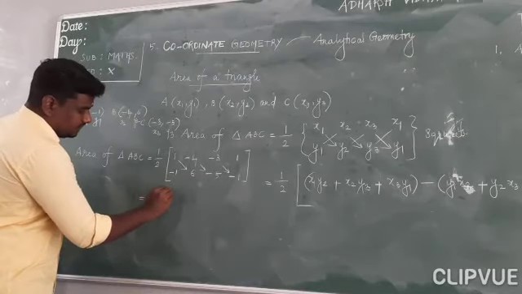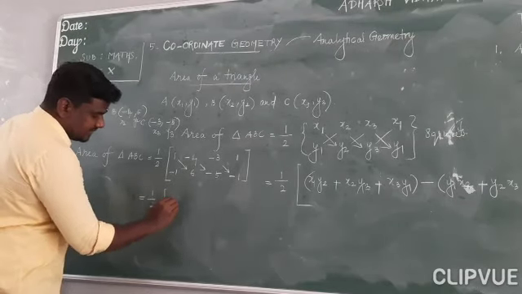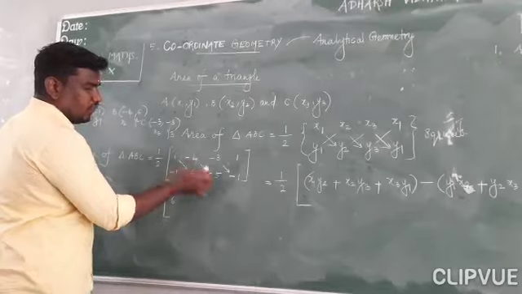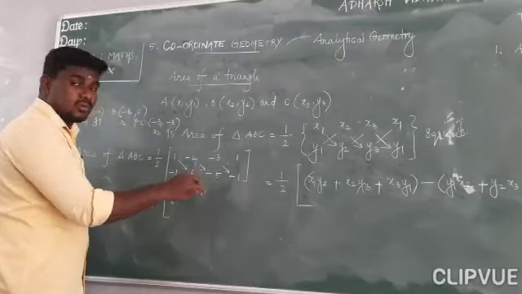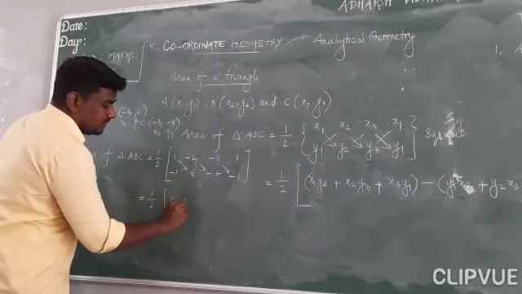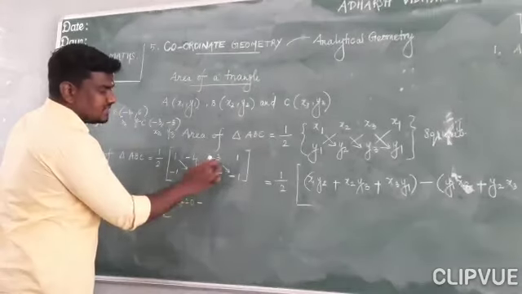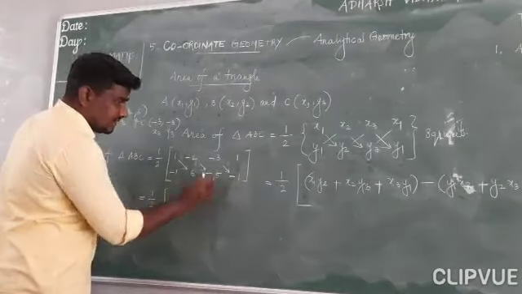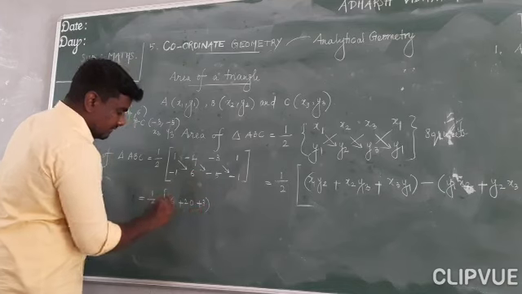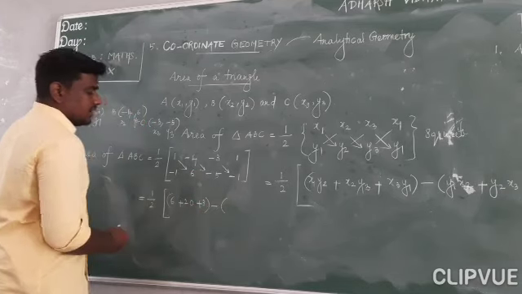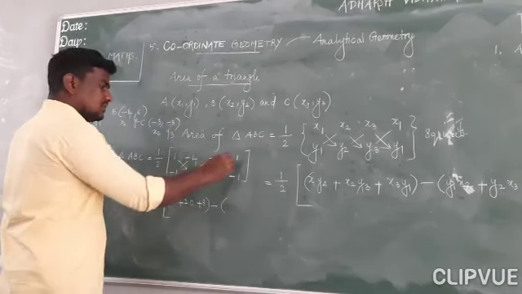Half into 1 into 6, 6. Minus 4 into minus 5 gives plus 20. Minus 3 into minus 1 gives plus 3. Minus half. Now the upward arrows.